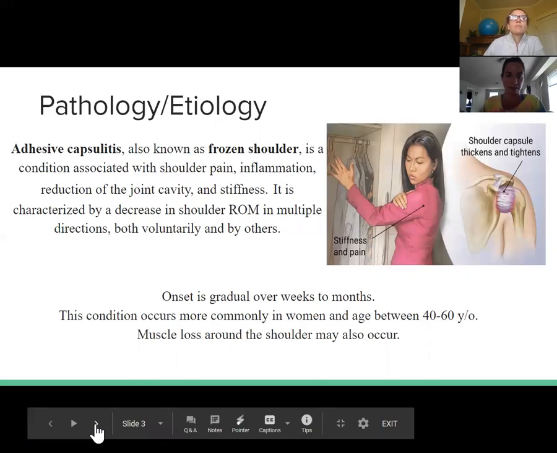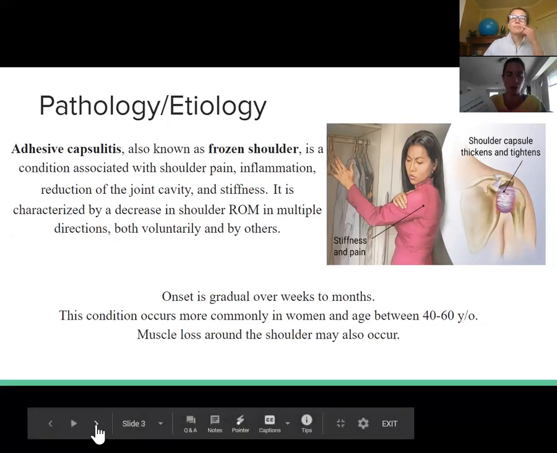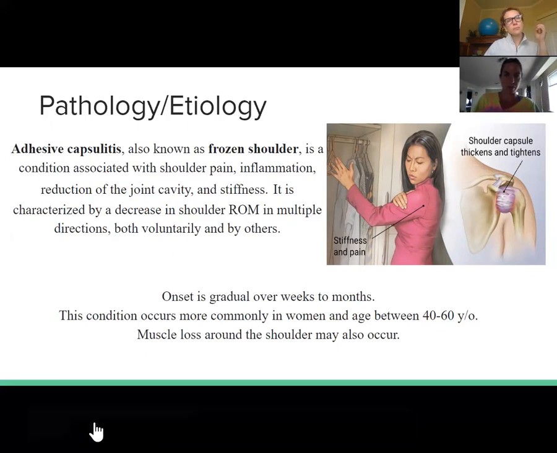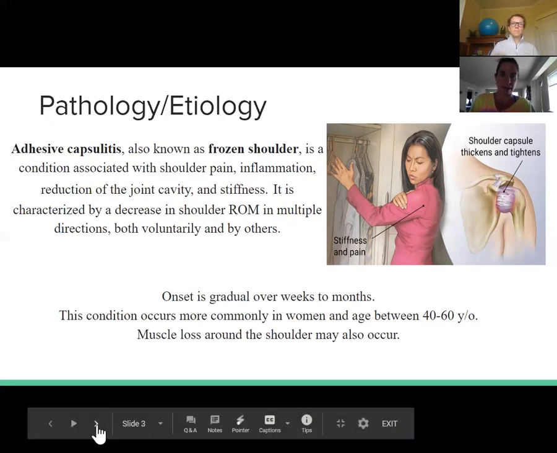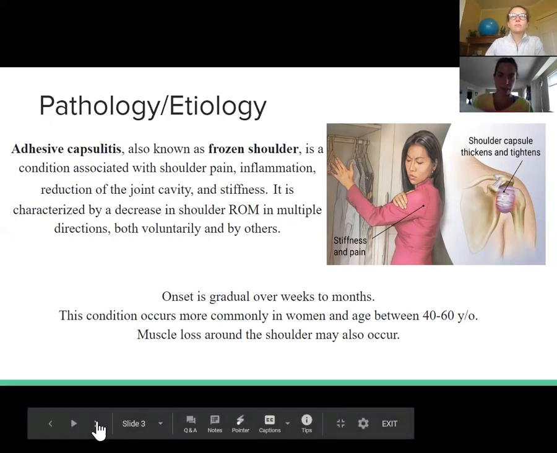The main characteristic of this pathology is the decrease in range of motion of the shoulder in multiple directions, which can be both voluntary, so through active range of motion, as well as by others. So even by passive range of motion, there is a significant limitation of motion. The onset is gradual over weeks or months, and is more common in women and age between 40 and 60 years old.